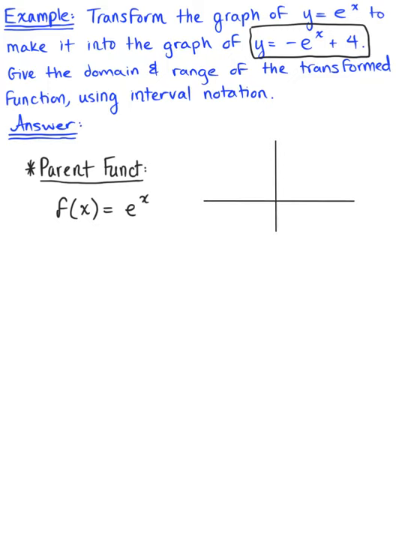So here is our xy plane, and we know that the exponential curve looks something like this, growing infinitely large as x gets bigger and bigger. And we know that this graph has a y-intercept at the ordered pair 0, 1.